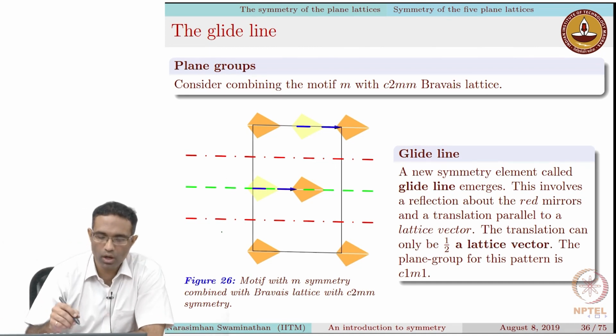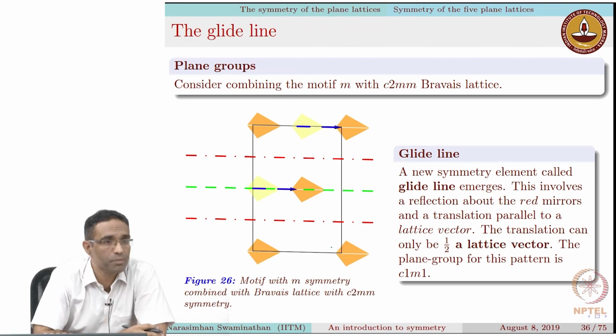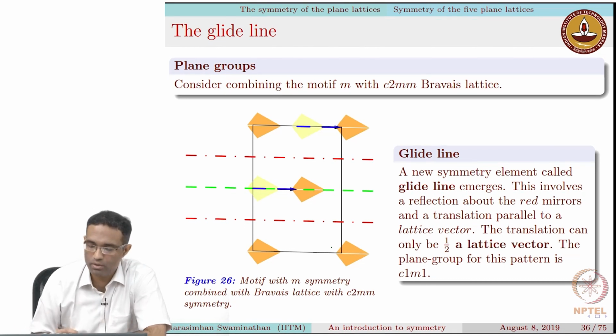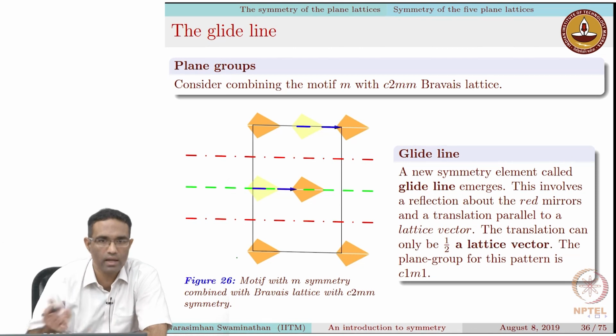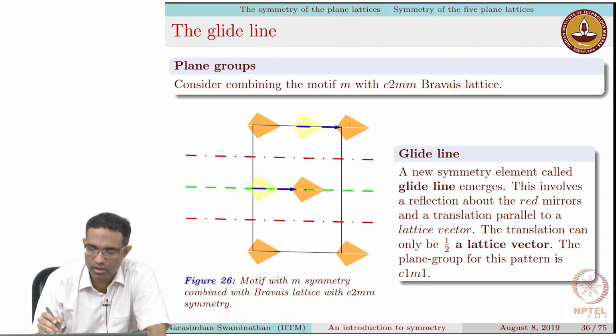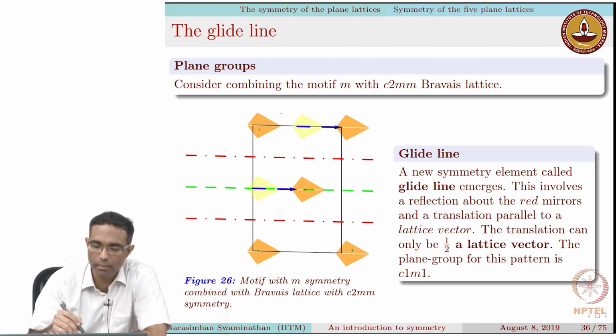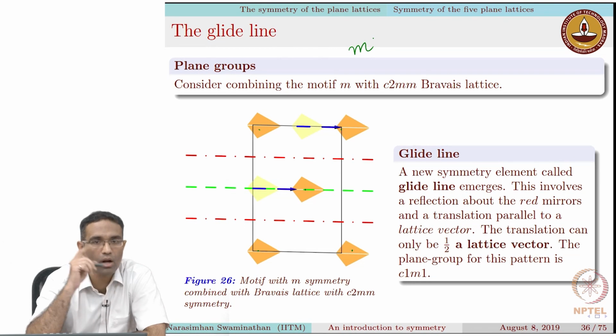Now we talked about glide line. So this is a good description of what happens when you have a glide line or a glide plane, so to speak. So when you take this particular centered lattice, there is a lattice point here, there is a lattice point here, there is a lattice point here, and I am combining this motif which has the symmetry M along with the centered lattice.